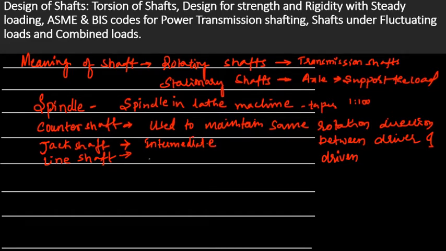Next is the line shaft. It is of large length, where you connect a number of shafts in a line with the help of couplings. Line shafts are found in large workshops where you need to transmit the power on a single shaft.